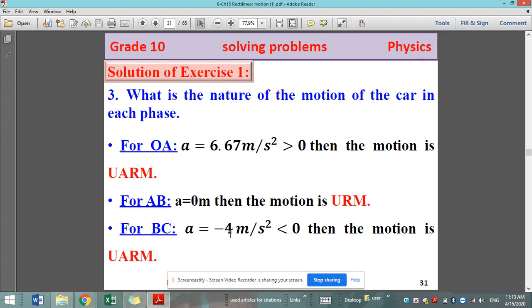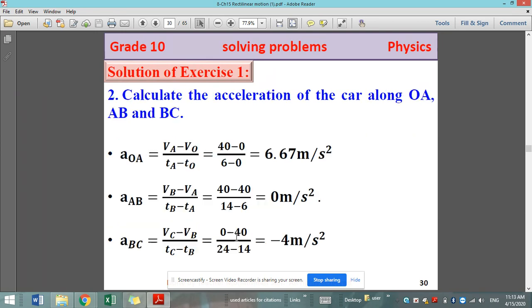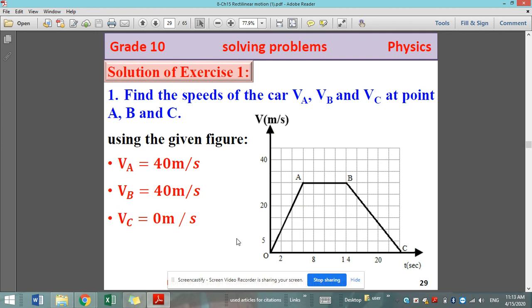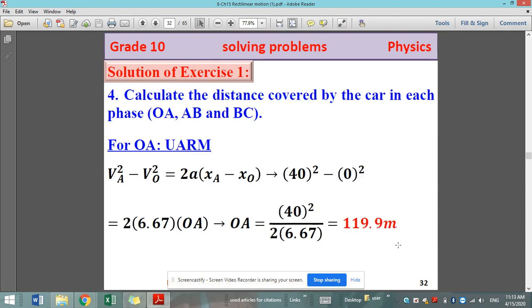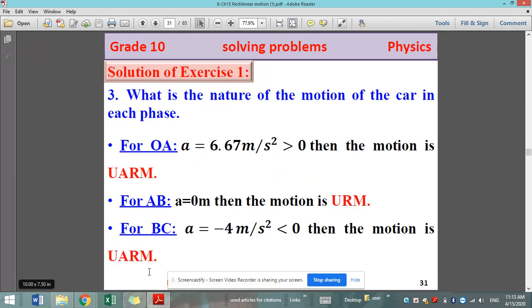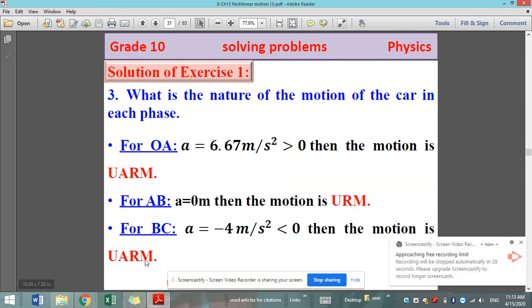Having a negative tells us that the motion is decelerating, but is it decelerating uniformly at the same rate? The other evidence here is that V versus T is a decreasing straight line. That's why we can say it is uniformly decelerated rectilinear motion. Again, here it's not UARM, it is UDRM.